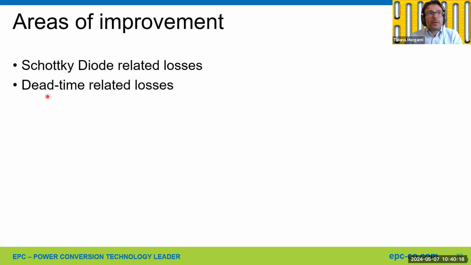So we are using a pretty long dead time of 50 nanoseconds. And this was driven mainly by the use of an off-the-shelf inductor, which is limited to 10 microhenry and not lower. So we had to run a pretty long dead time for optimizing the idle losses.